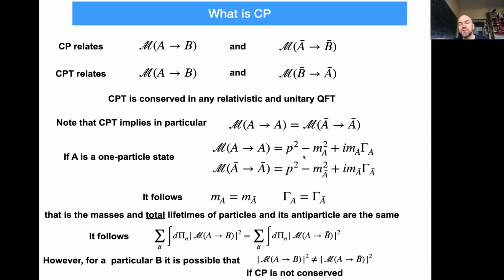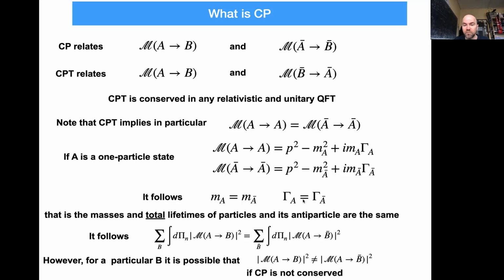From this it follows that the particle and antiparticle have to have the same mass, and also the same total width. In particular, the imaginary part of this forward amplitude has to be the same by CPT. The imaginary part is the width, so the total width has to be the same.